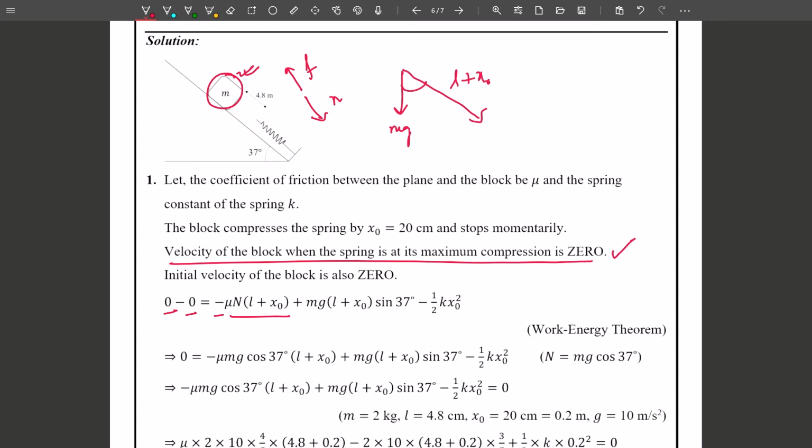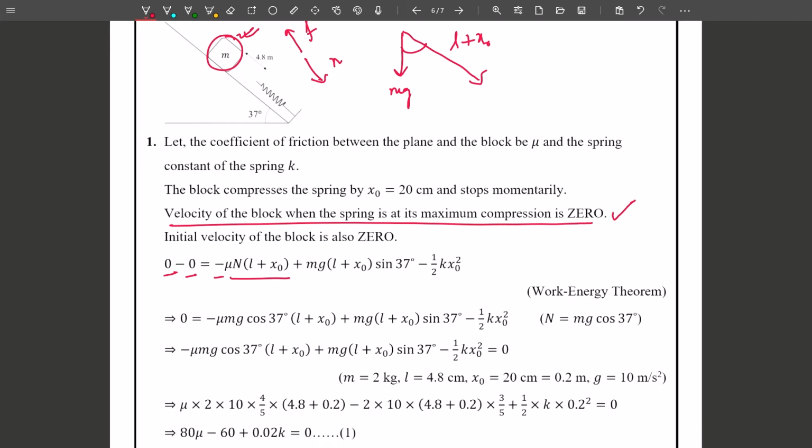The angle is acute, that means work done will be positive. Sorry, this is 37 degree. So this mg dot (L plus x naught) will be mg (L plus x naught) sine of 37. So this is the work done by gravity.